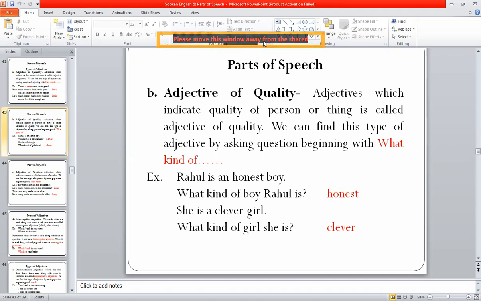So clever is the quality showing word. Okay, मुलगी कशी आहे ती हुशार आहे. So clever is the word which is showing the quality of that girl, and that is why it is called an adjective of quality.